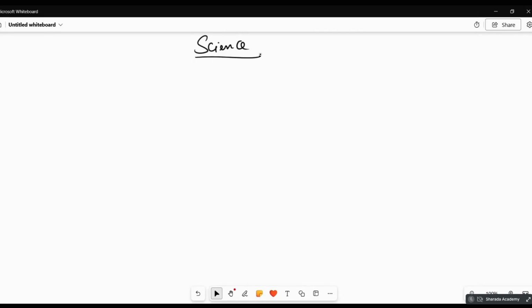Then we studied about bleaching powder. What is bleaching powder? Calcium oxychloride. It is the chemical name of the bleaching powder. So what is the formula for that? CaOCl2.